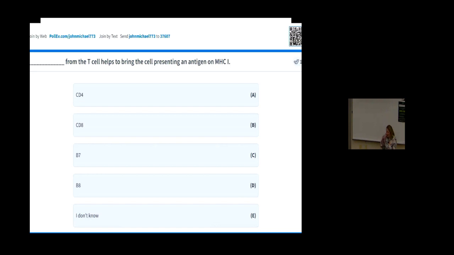So what from the T cell is actually going to help bring a cell presenting an antigen on an MHC1 closer to it? What is this T cell using as like a grappling hook to bring it in?